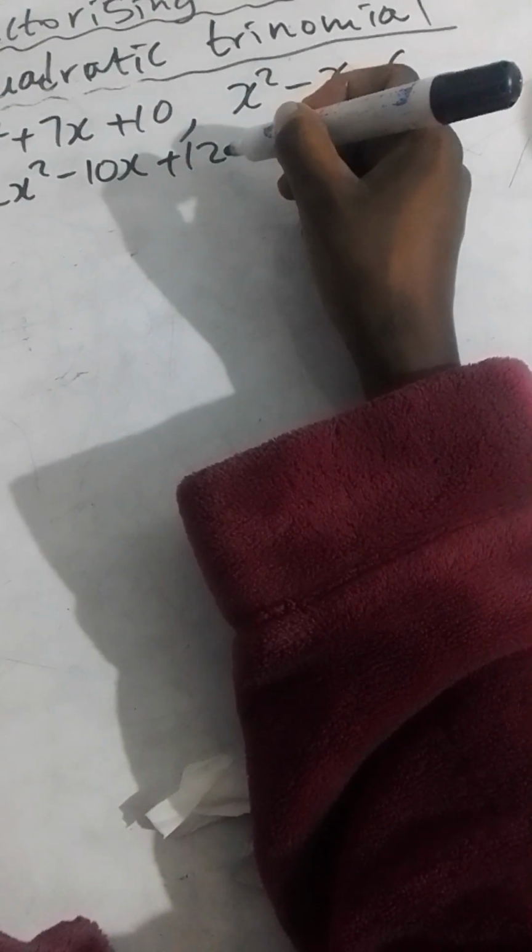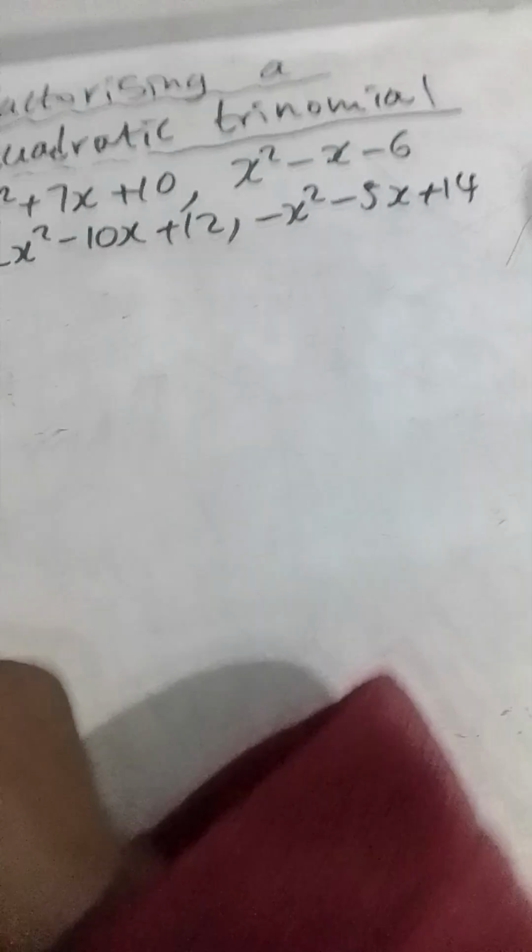The third was 2x squared minus 10x plus 12. And then the last one was negative x squared minus 5x plus 14. So how do we factorize the first one? Well, solution.